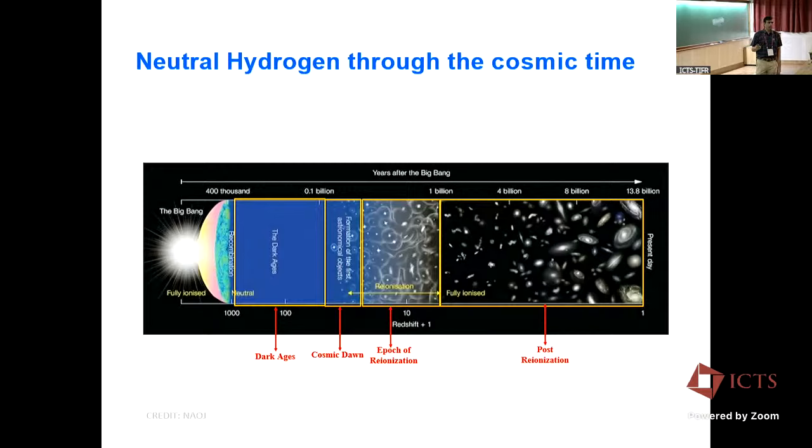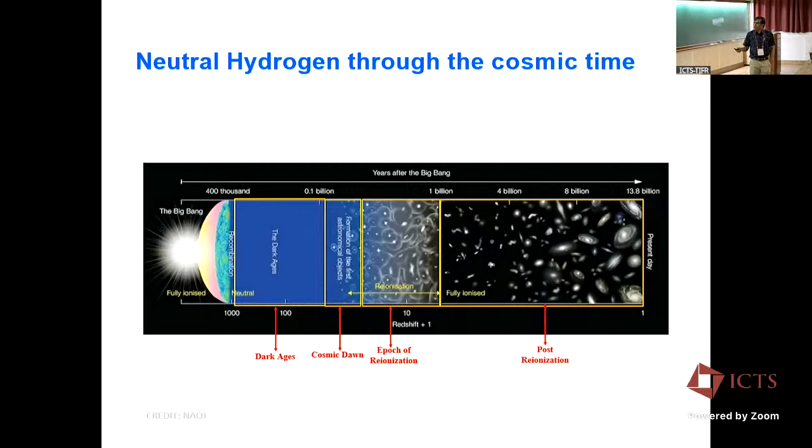During the recombination epoch, at around redshift 1000, protons and electrons combined and formed neutral hydrogen atoms, right? After that, the universe actually became fully neutral. So after redshift 1000, the universe became completely neutral, with 75% of it in the form of hydrogen and 24% helium.